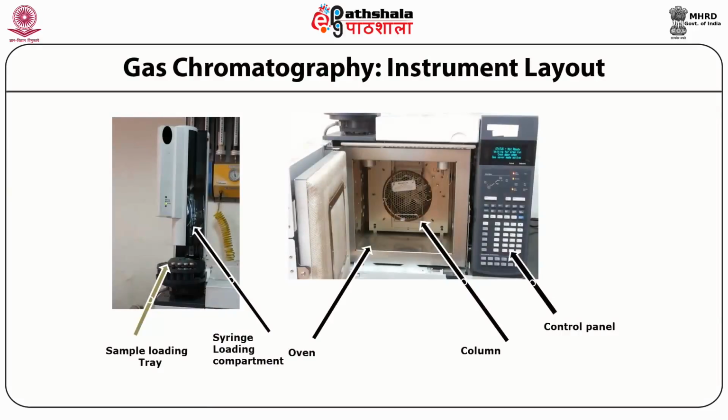This shows the typical layout of a gas chromatographic instrument. The first arrow shows you the sample loading tray in case the system is also equipped with an autosampler. If there is no autosampler, then the loading of the sample onto the column will be done manually.